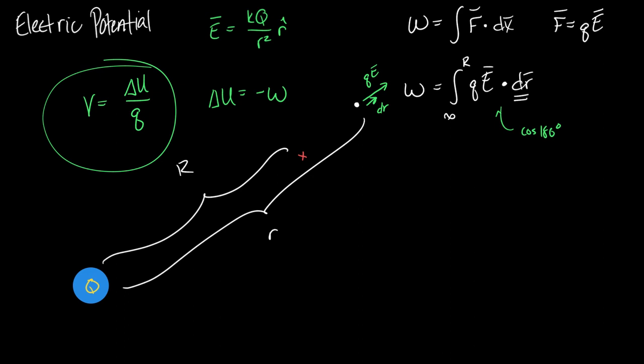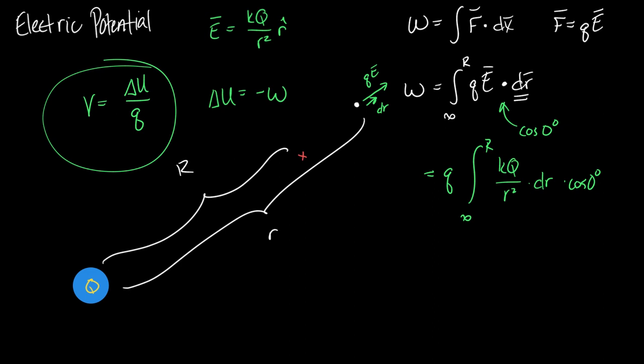That's what it does. But it does something else important, and this is where I'm just going to move a little quickly. This is still how the work is calculated, except we go back to referencing it based on dr pointing in the direction of the electric field, which makes this cosine 0 degrees. Of course, I can pull the Q out, and I'm still going to be integrating the electric field, which is KQ over R squared times dr times the cosine of 0 degrees.